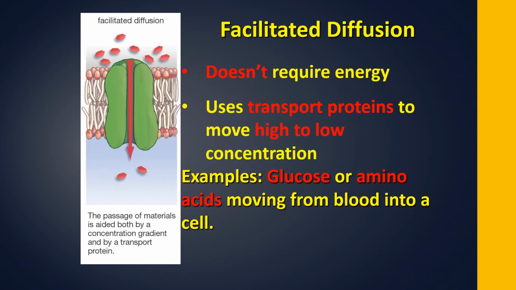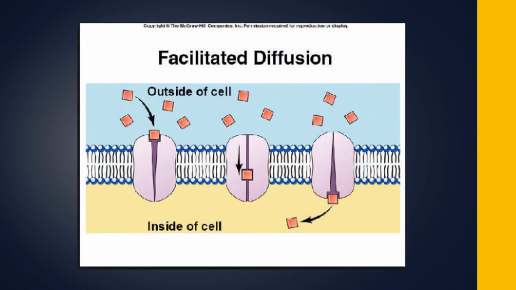So the passage of materials is aided both by a concentration gradient and by a transport protein. Here is another illustration for you to take note of how facilitated diffusion occurs in the plasma membrane. Look at the ions that enter the cell, from outside of the cell to the inside of the cell.